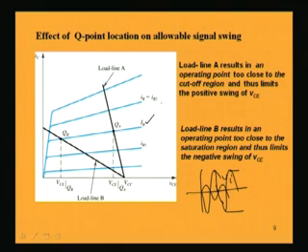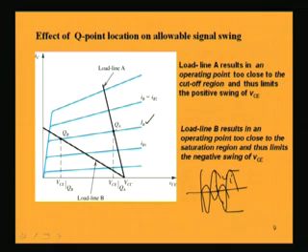Considering the same IB, suppose I am not changing the base resistance RB, then because the slope is different, load line B intersects the IB characteristic at another point, QB.